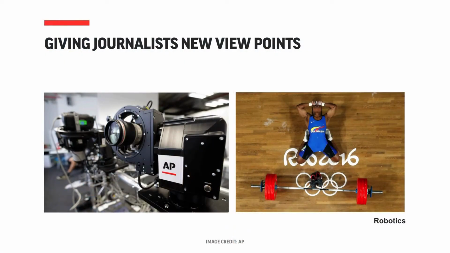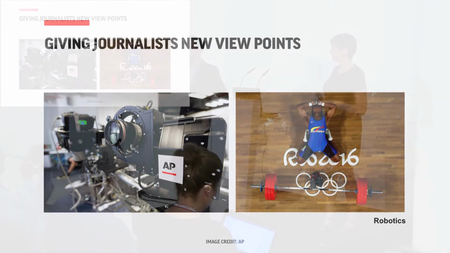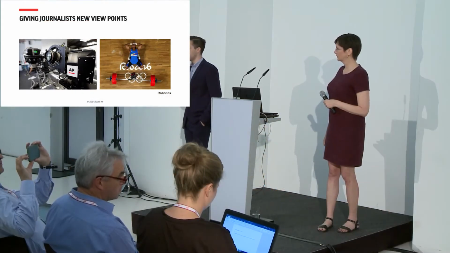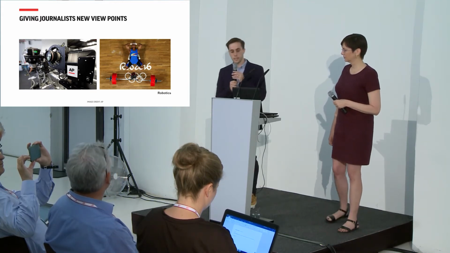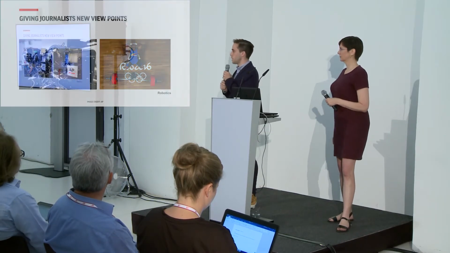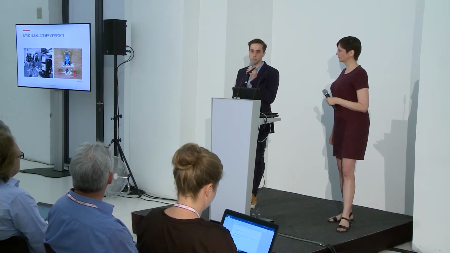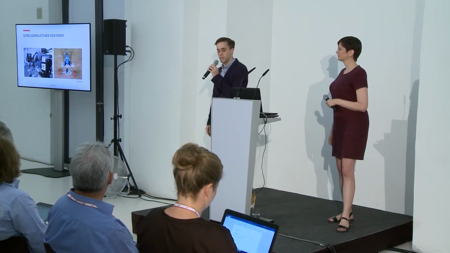Finally, another subdomain of artificial intelligence that the Associated Press is deploying is robotics. In this case, what you're seeing is one of the automated cameras that we used at the Rio Olympics in 2016.